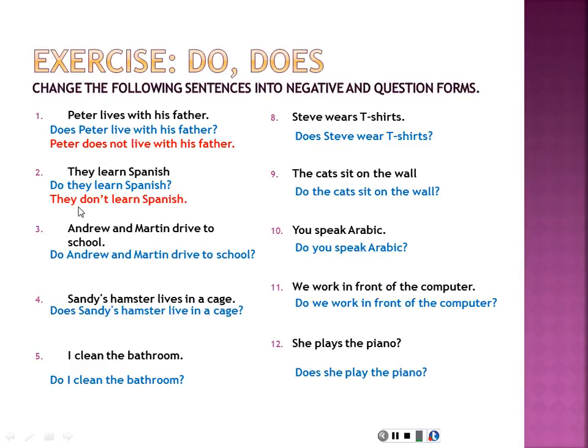So we can use contraction, by deleting O and adding an apostrophe. Number 3, Andrew and Martin do not drive to school. So we also added do not before the verb. Number 4, Sandy's hamster doesn't live in a cage.